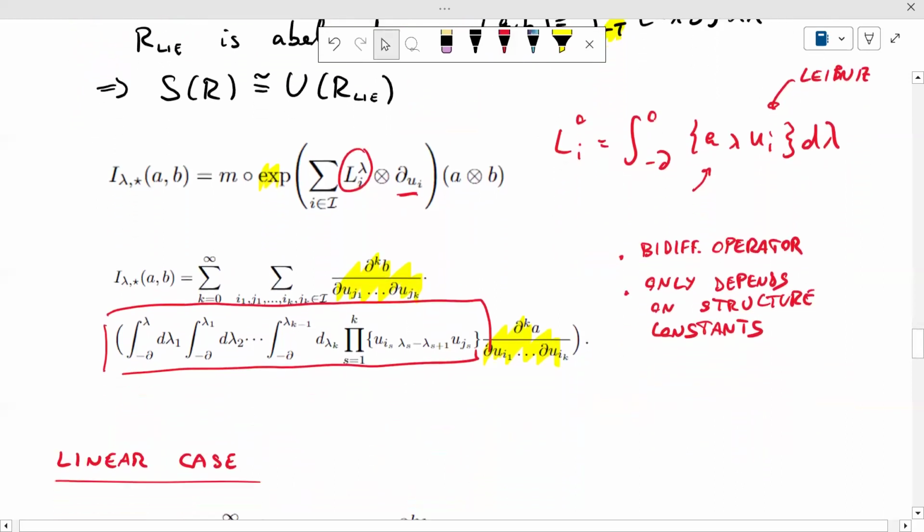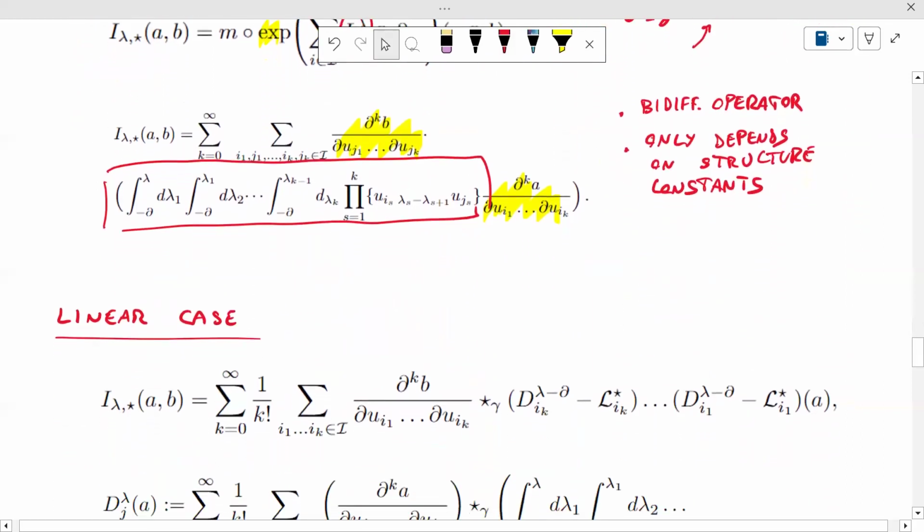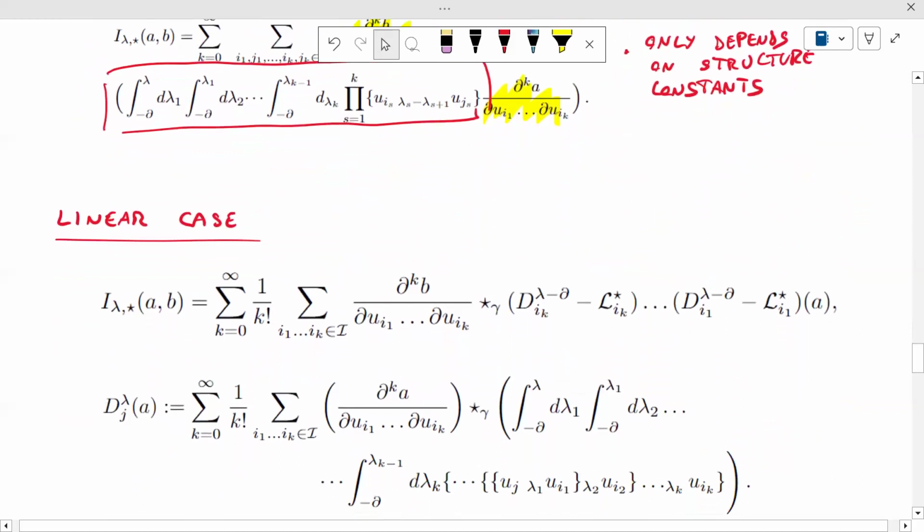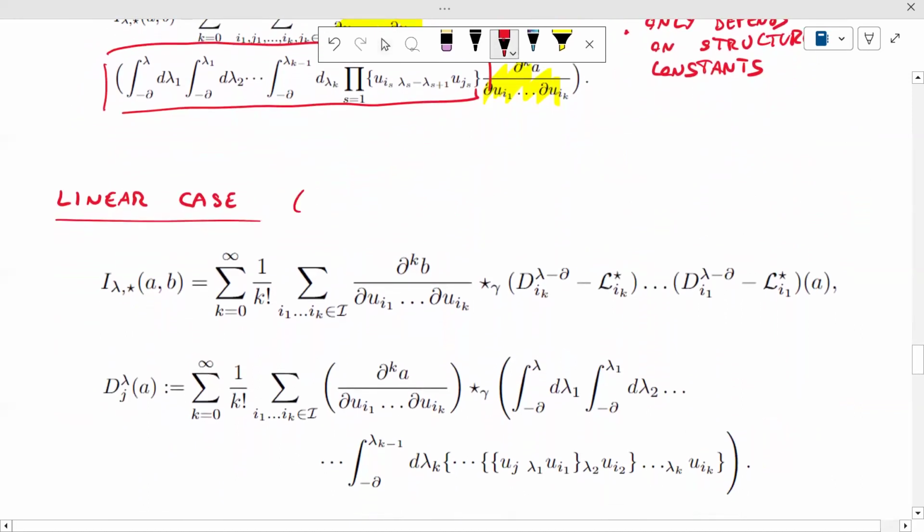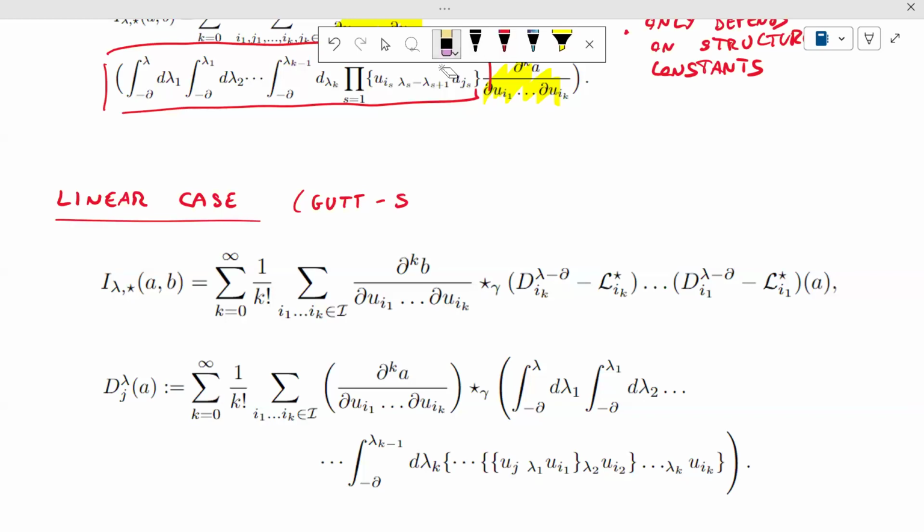Now, the linear case, which would correspond to the good star product, is more complicated, as you can see. But we can still appreciate something. First of all, we still have our sort of bidifferential operator.